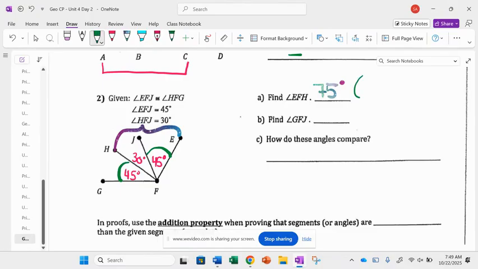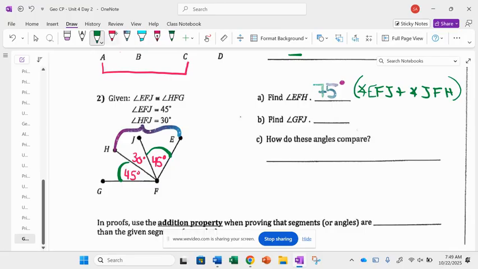Can somebody name me the two angles we added together to get that 75 degrees? What two angles did we add together to make that 75 degrees? Stella? EFJ plus angle JFH. You got it. All right, now we want to find angle GFJ.